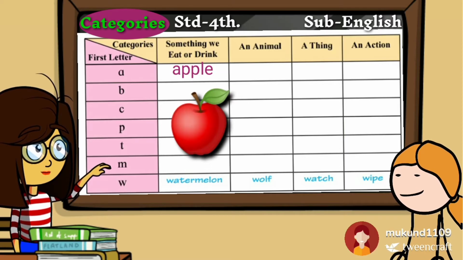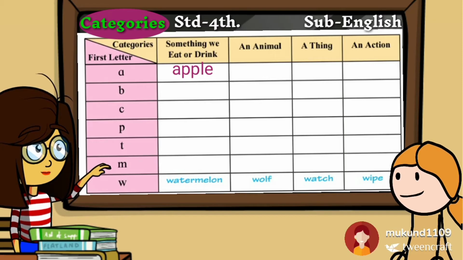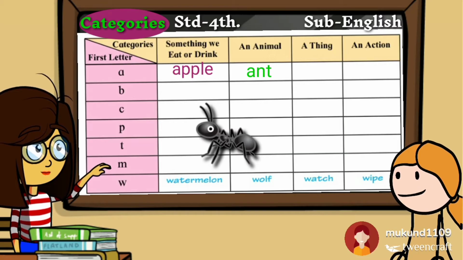A-double-P-L-E. Apple. We eat. Ria, you tell me an animal which begins with A. Animal. Oh, ant. A-N-T. Ant begins with A.